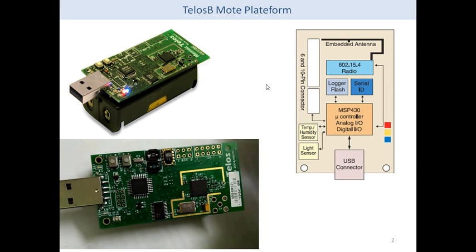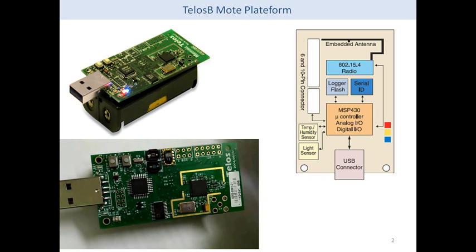Now the TelosB node platform has the following structure. Every TelosB platform has a USB connector. Along with that we have the microcontroller MSP430. For this we also require a software or compiler which will compile the program for the microcontroller.